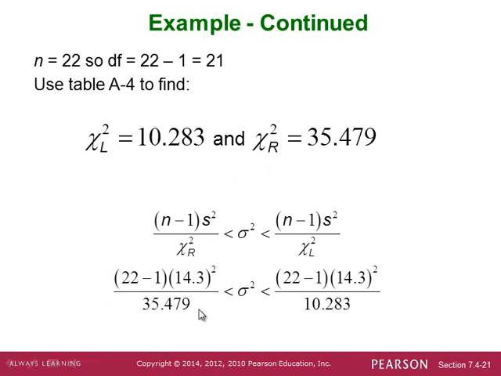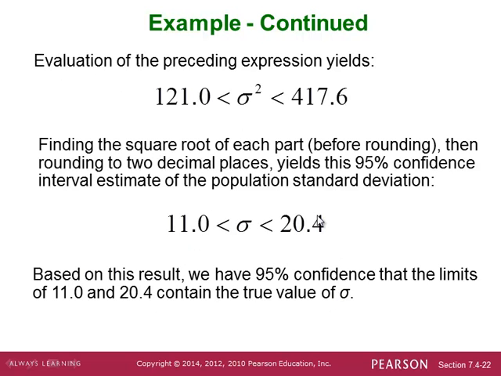And then go ahead and evaluate both of these left and right limit expressions, and you can round just to 1 decimal place. If you want to get a confidence interval for sigma squared, then you'll just leave it like you see here. But if you want a confidence interval for just sigma, the population standard deviation, then you'll take square roots of both the left and right limits.